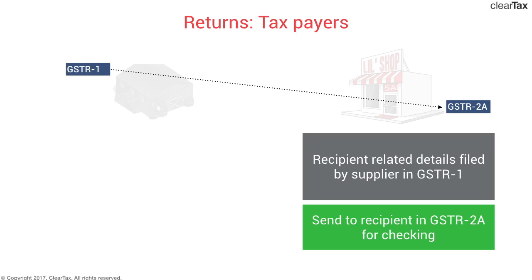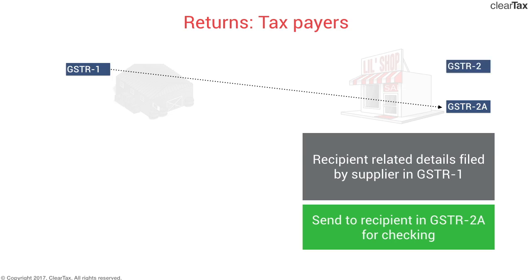GSTR 1 could have hundreds of recipients whose detail the supplier is filling in. What the system does is picks out each recipient's information, makes a GSTR 2A for each of the 100 recipients and sends it to all of these 100 recipients. That's what is auto-drafted from the tax system.